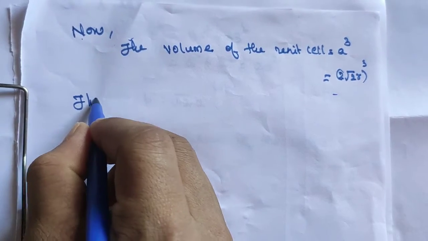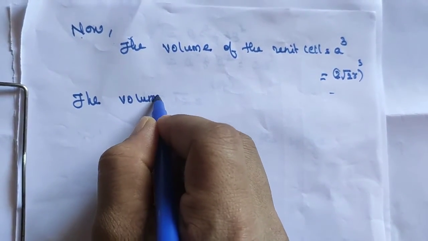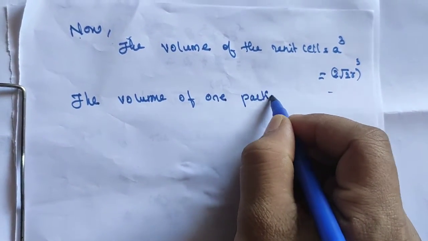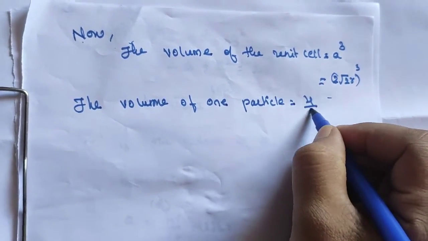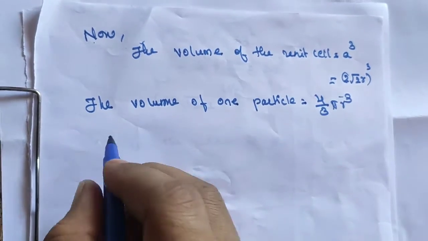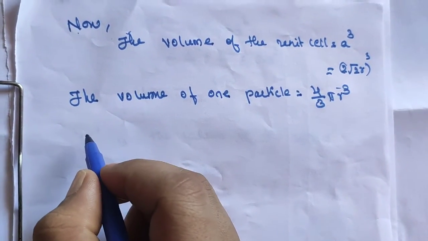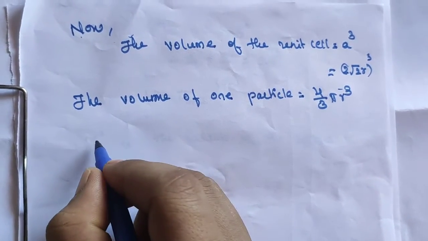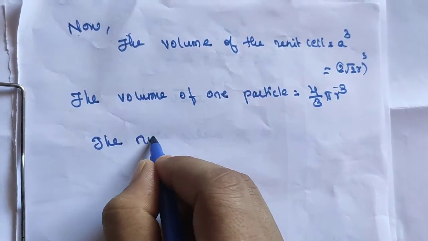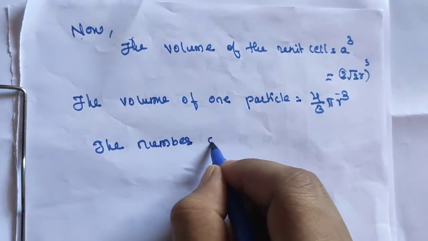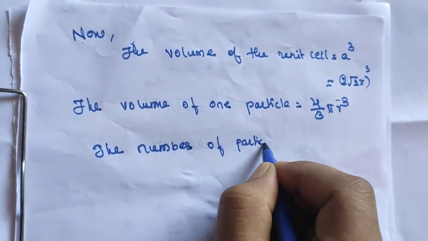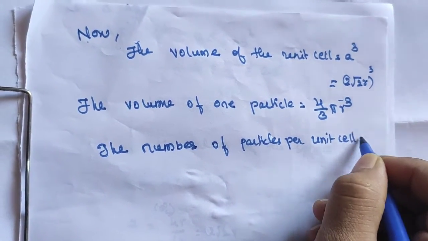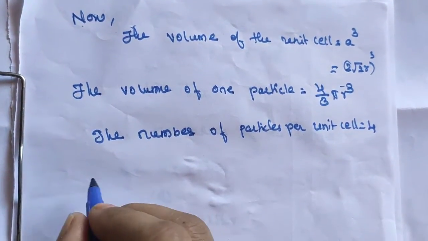And the volume of one particle is taken to be 4 by 3 pi r cube. Here the number of particles present per unit cell in FCC is taken to be 4.